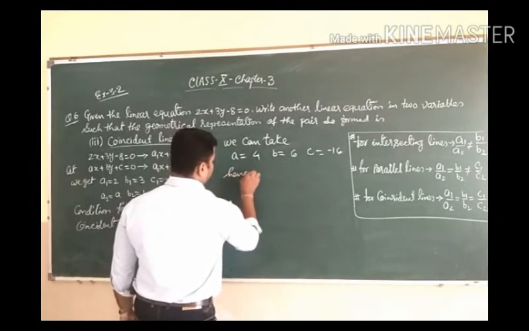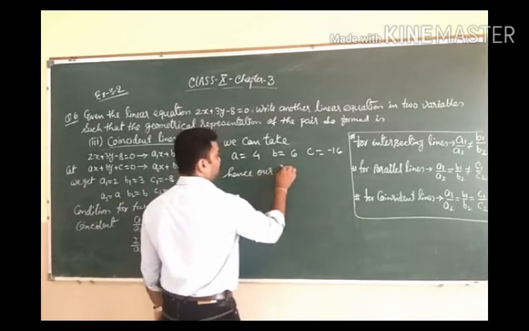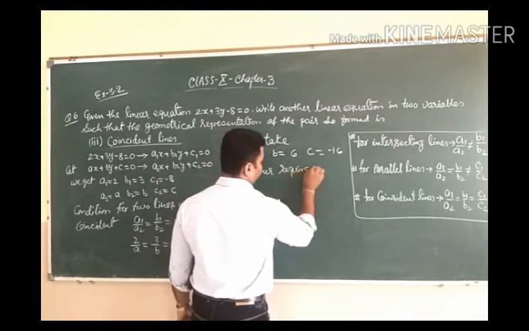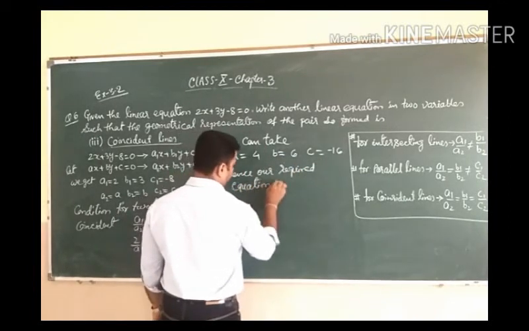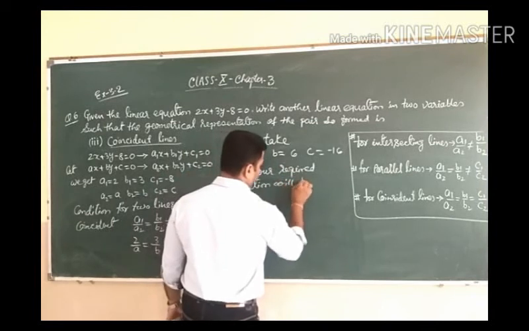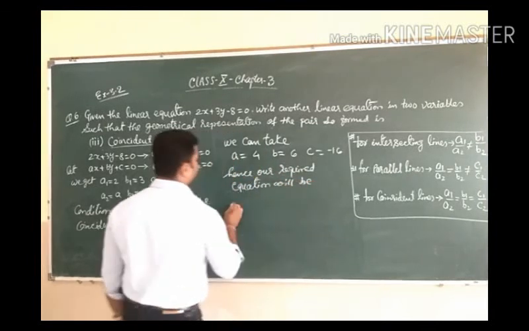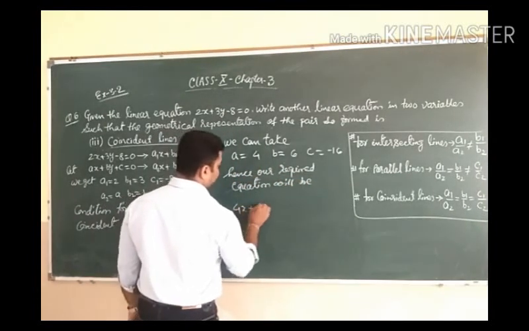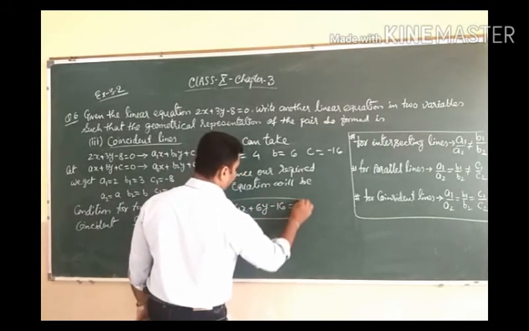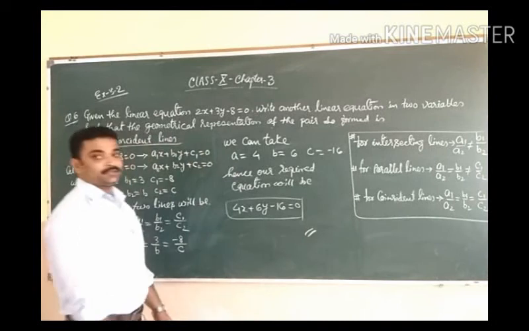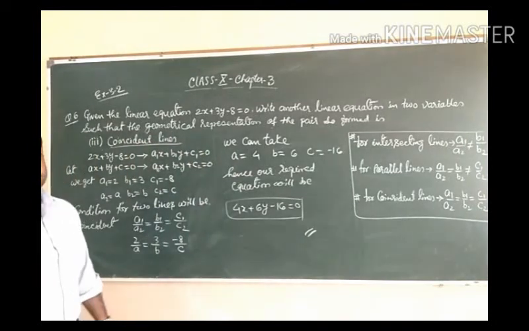Hence our required equation will be 4x plus 6y minus 16 is equal to 0. Here we end up question number 6.